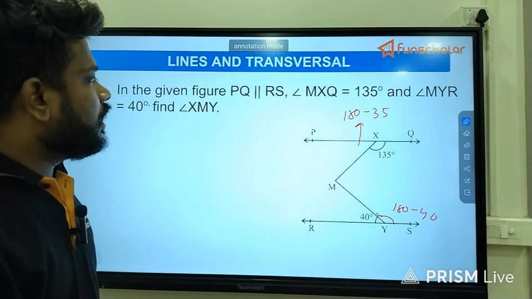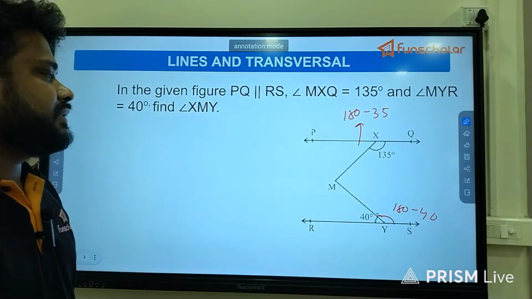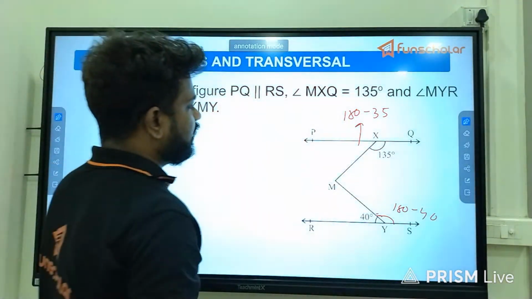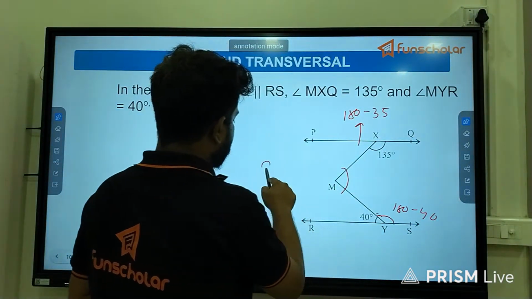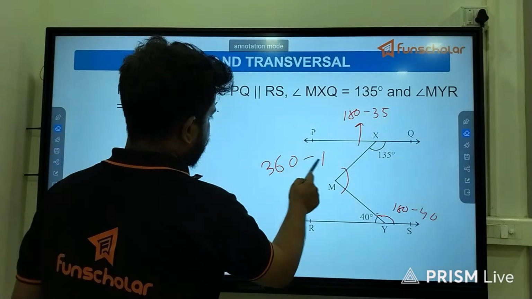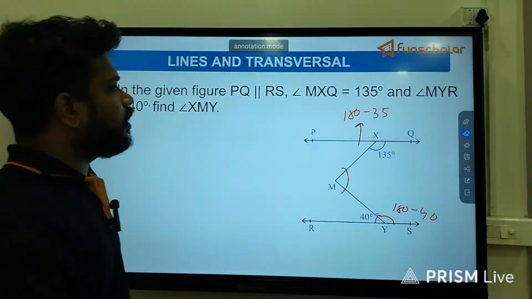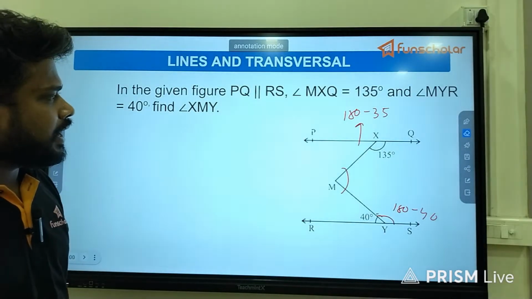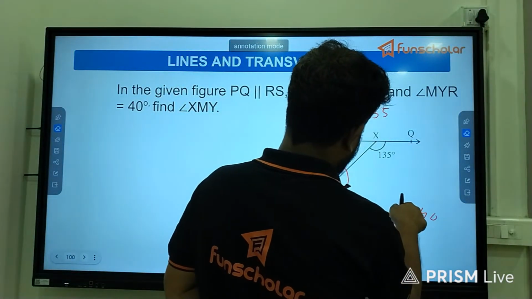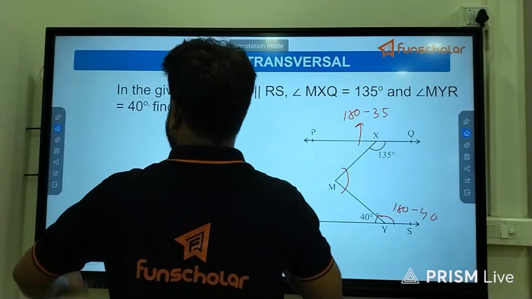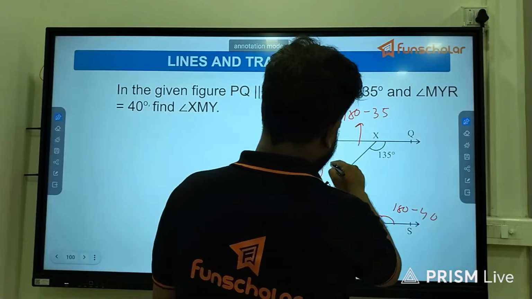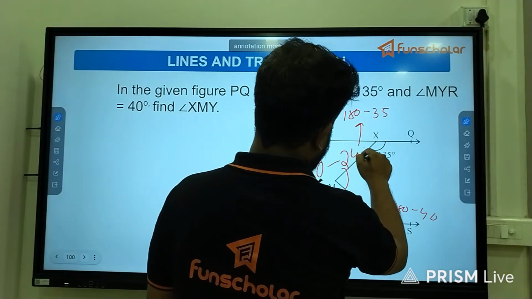If these two make 180 degrees, this one will be like a reflex angle, and it will be 360 minus 240.